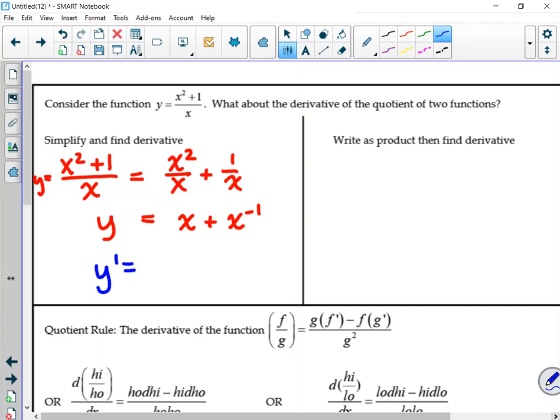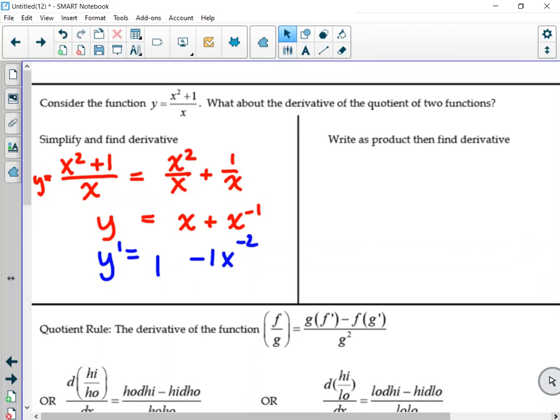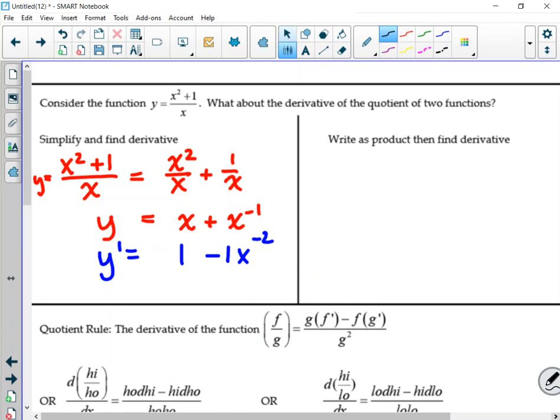So from there, the derivative of x is 1, and the derivative of x to the negative 1 is negative 1 x to the negative 2. And so that would be a completely appropriate derivative to write.